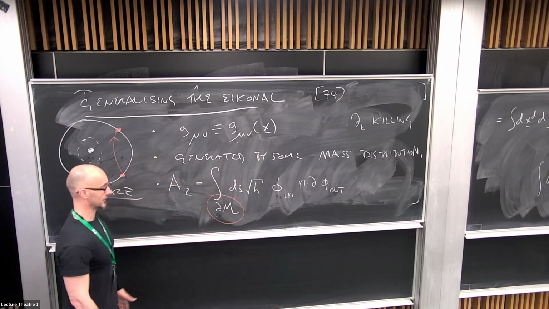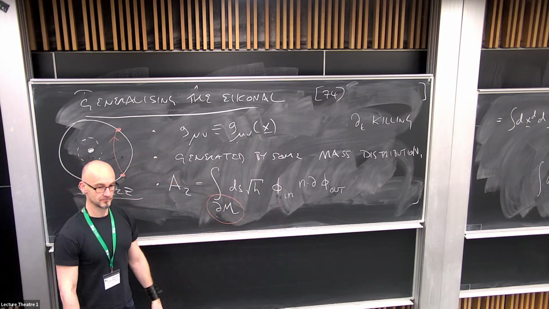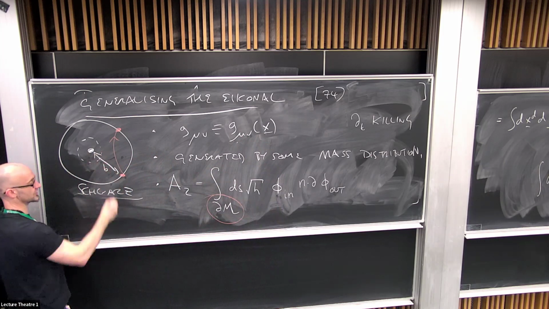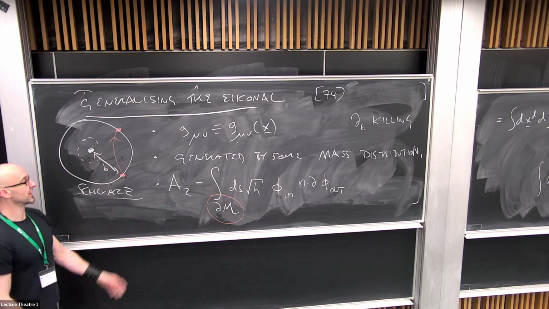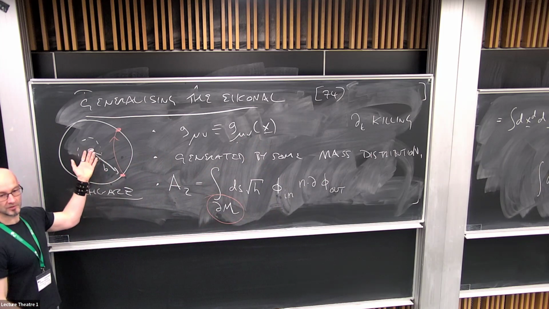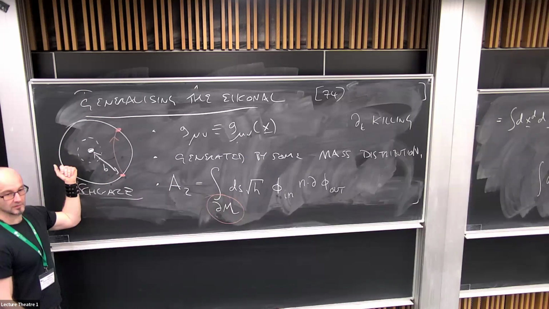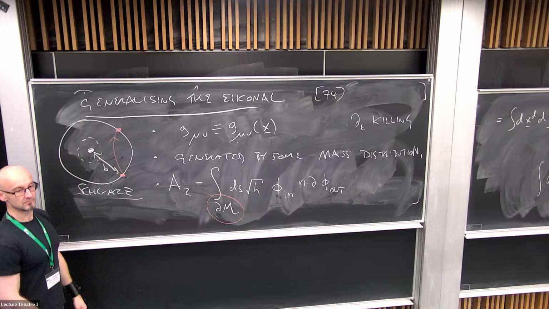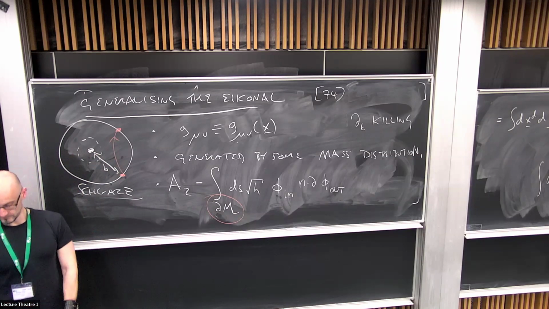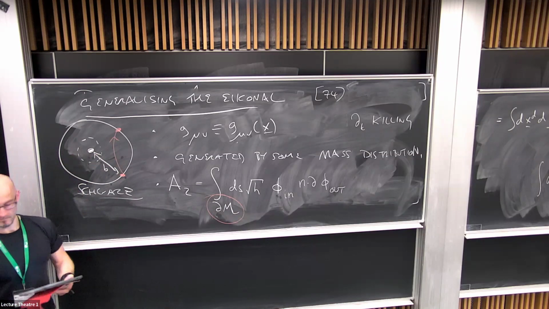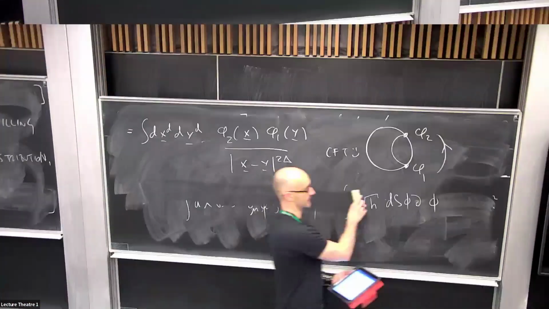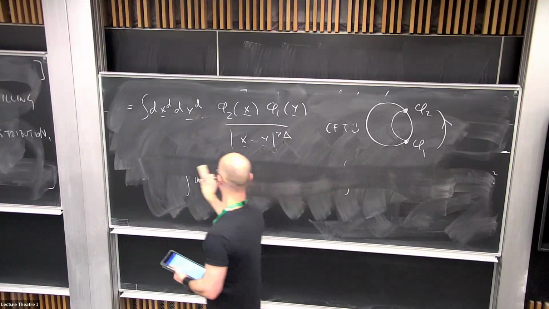And they're going to depend on some kind of impact parameter, some b, that is very large compared to the scales at which this mass distribution lives. So you're far away.